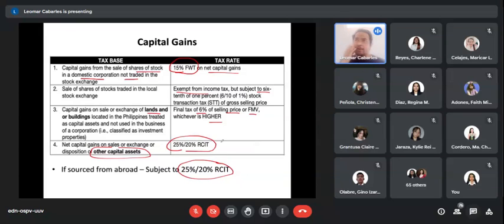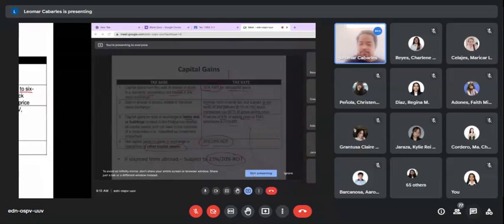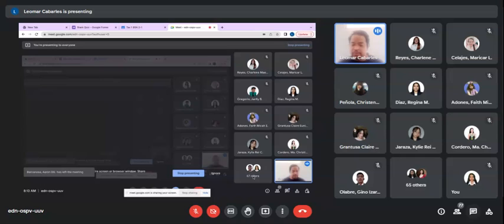Does this table look familiar to you before we proceed? Medyo familiar ba sa inyo yung table na yun? Is it similar to the case ng individuals? Okay, similar ba?